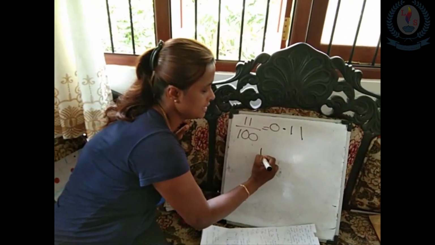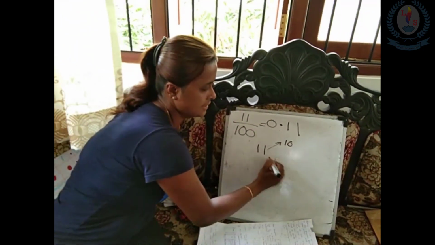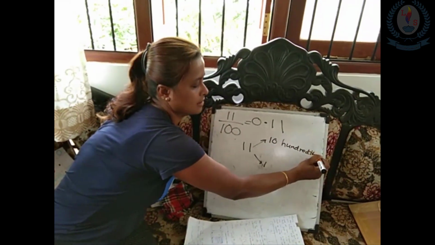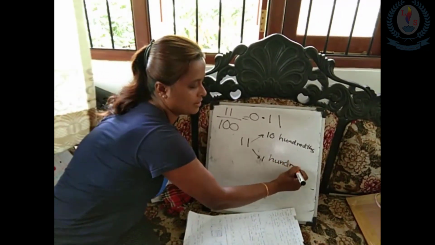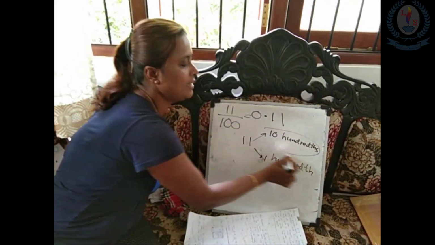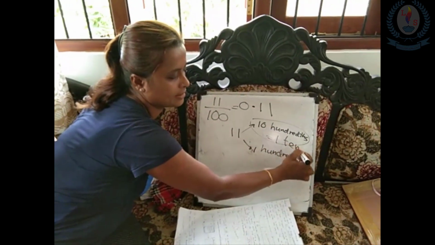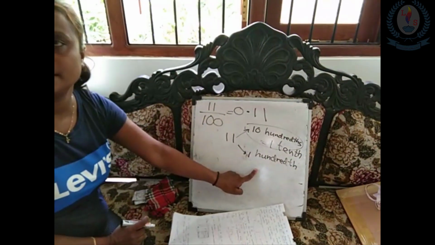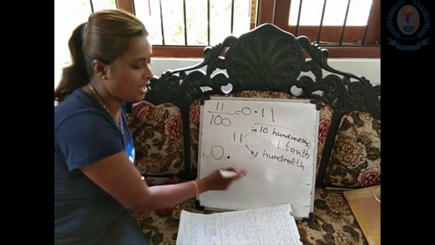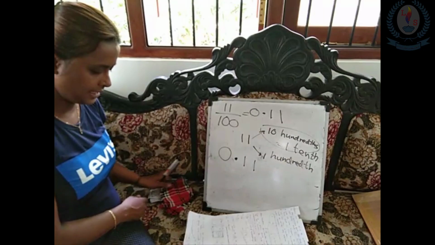Let's take this 11, we can break it into 2 pieces: 11 hundredths as 10 and 1. 10 hundredths we can write as 1/10. So 1/10, we know the tenths place is the first place after the decimal point. I think it's clear to you.